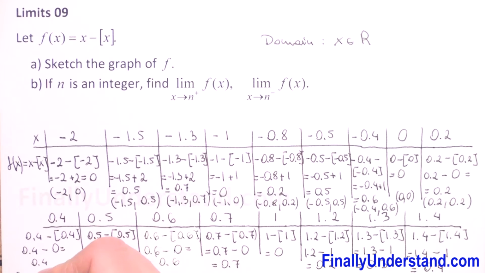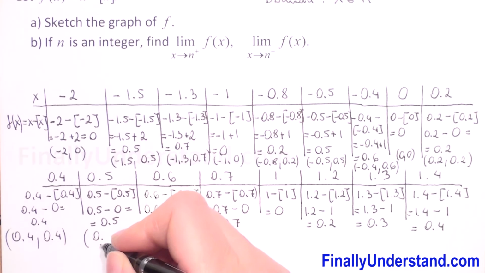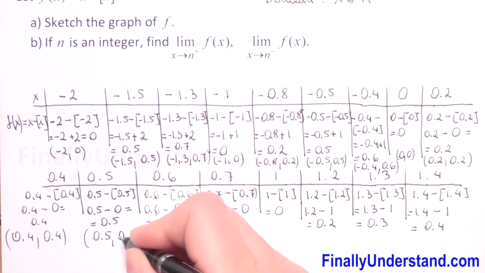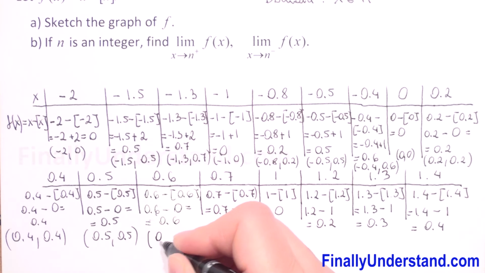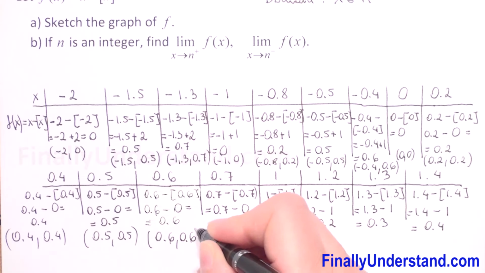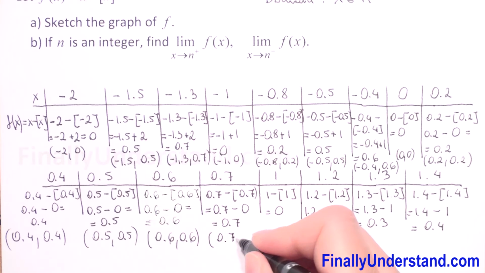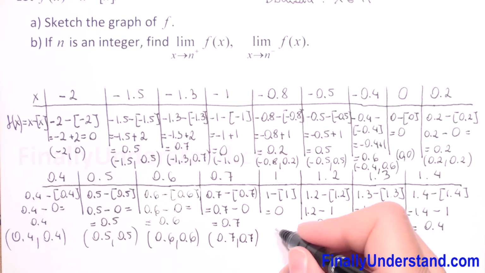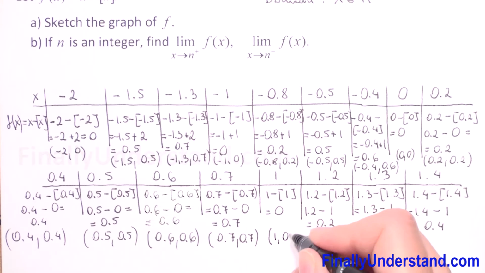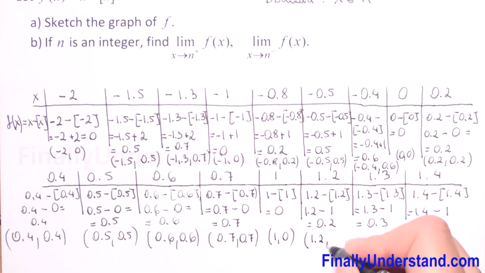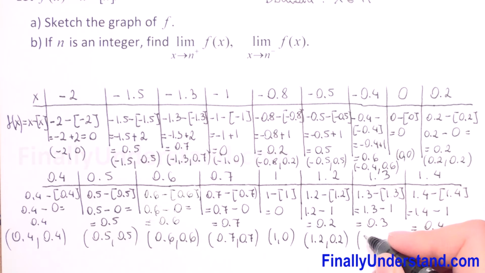We have 0.4, 0.4; 0.5, 0.5; 0.6, 0.6; 0.7, 0.7; 1, 0; 1.2, 0.2; 1.3, 0.3; and 1.4, 0.4.